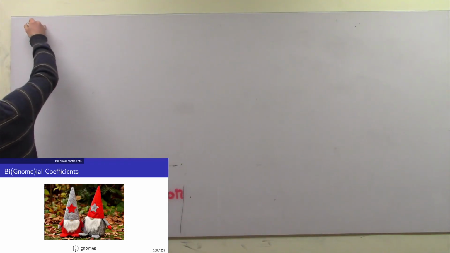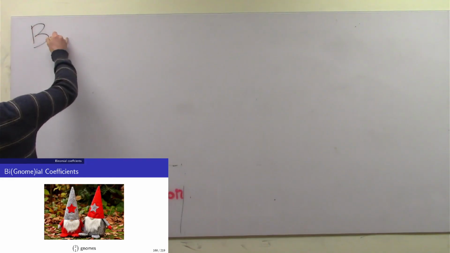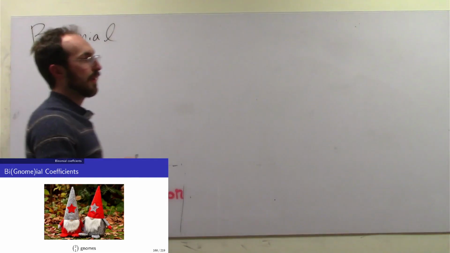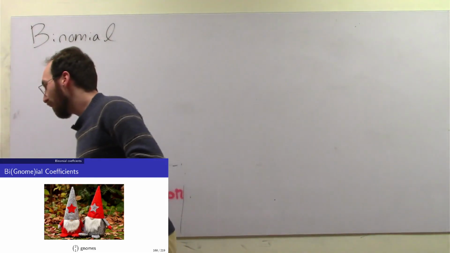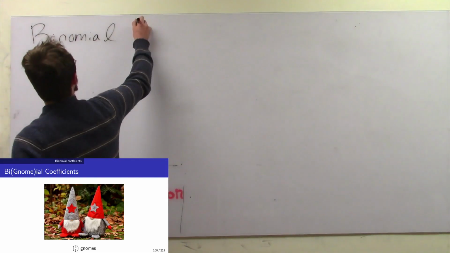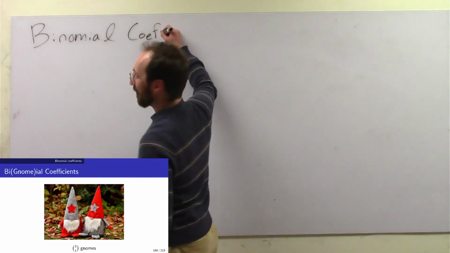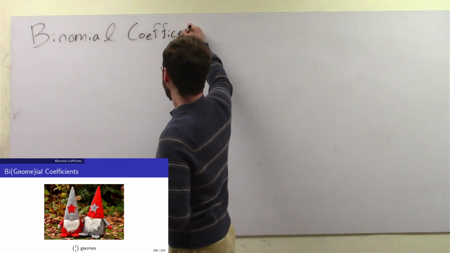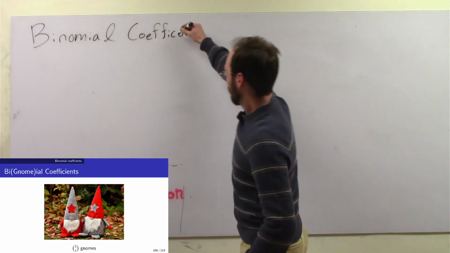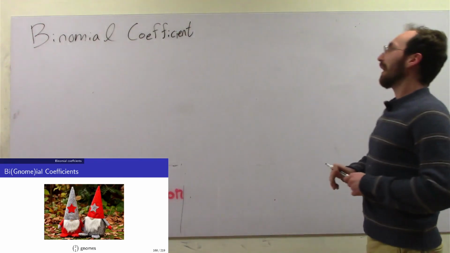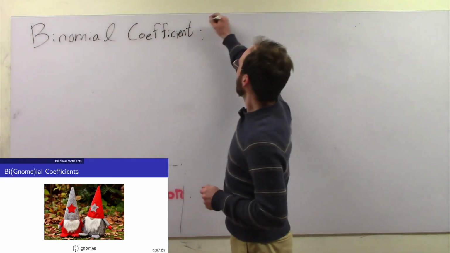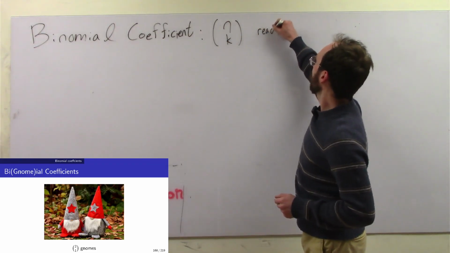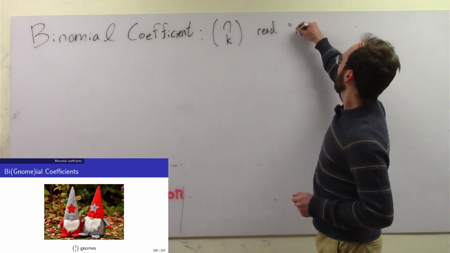So binomial coefficient, just to get the ball rolling, what is that? Well, it makes sense numerically, and that's about it, but that's okay. So the binomial coefficient, n choose k. Let's write how we read it, because it's a weird symbol.